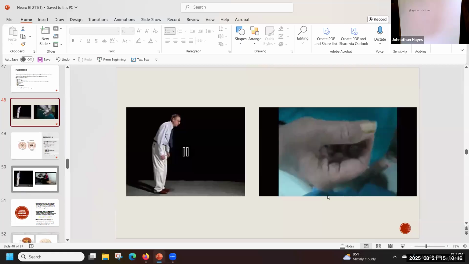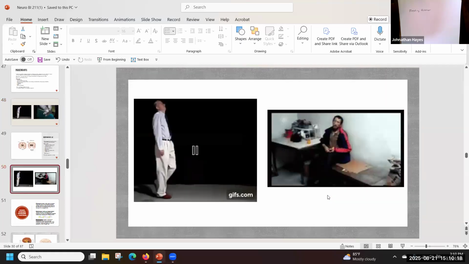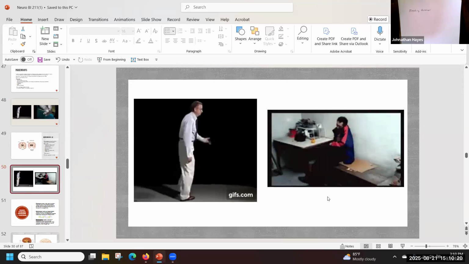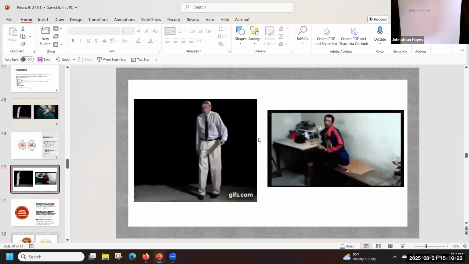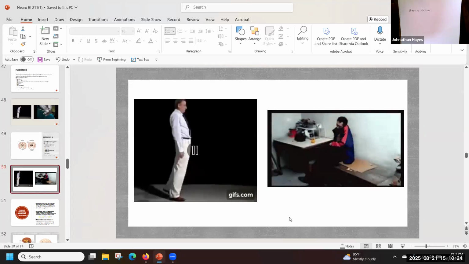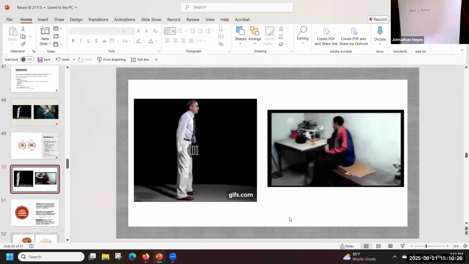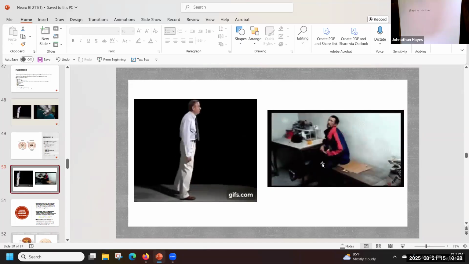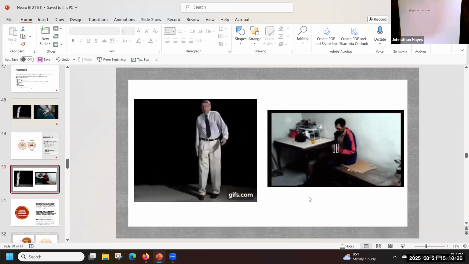But here you can see that dancing type motion he's got with chorea. And I'm not sure if this is Huntington's or Sydenham's. But again, that word chorea comes from the word dance, like choreography. So it looks like they're dancing, but both are basal ganglia disorders.